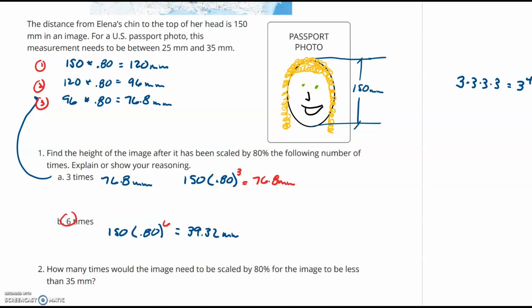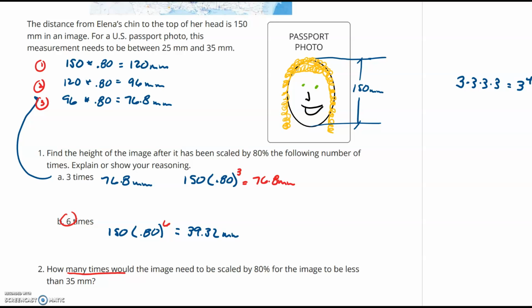So for number 2, what we want to know is how many times would we need to scale this image by 80% for the image to be less than 35.